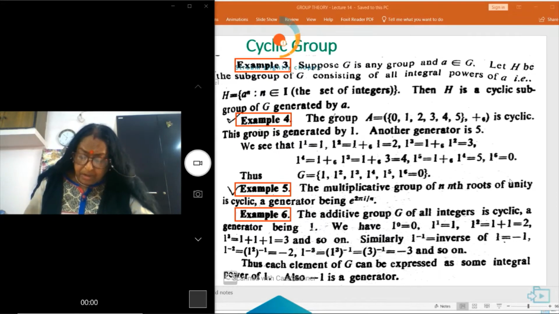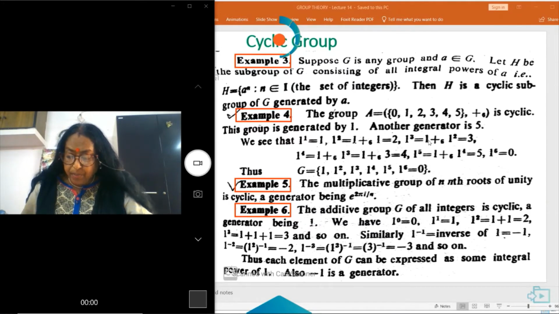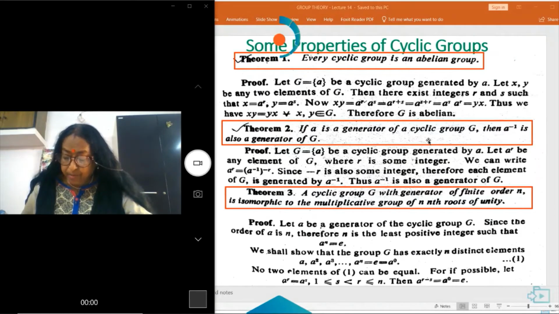Some more properties of a cyclic group. Every cyclic group is an abelian group. Let G be equal to the group generated by a, a cyclic group generated by a. Let x, y be two elements of G. Then there exist integers r and s such that x is equal to a to the power r and y is equal to a to the power s.